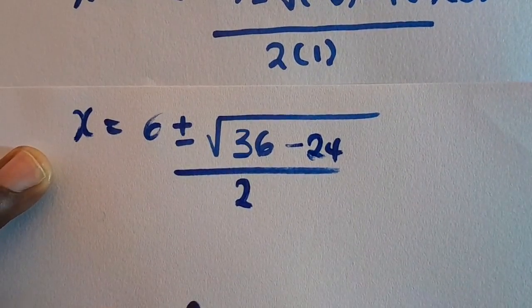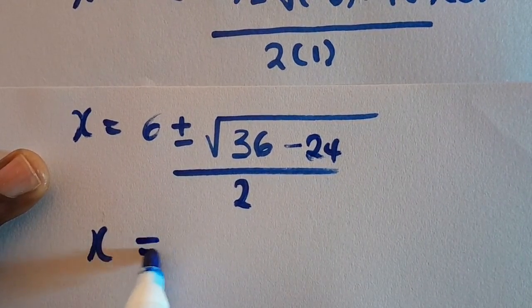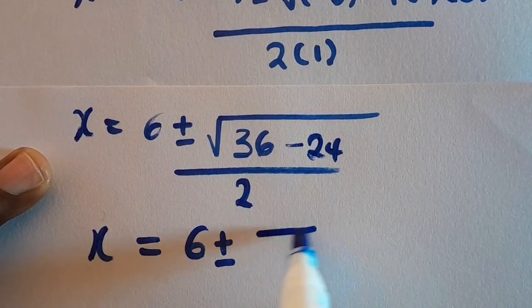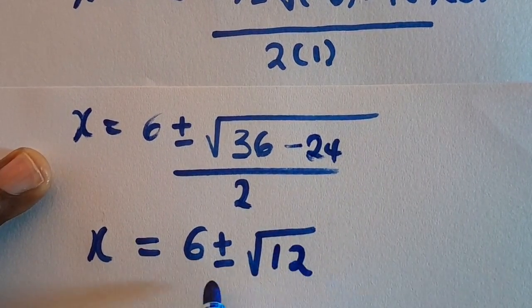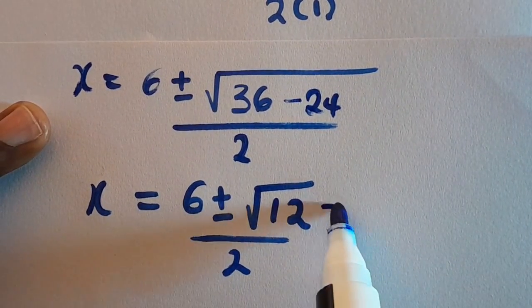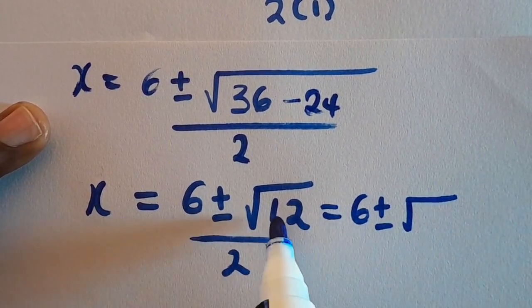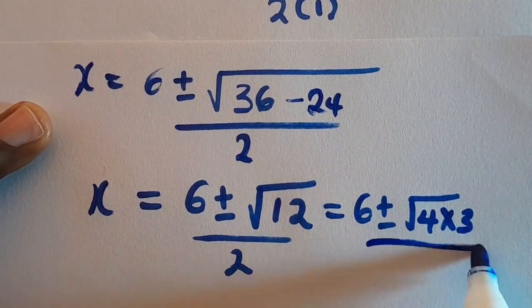So from here we have our x equals 6, positive or negative, square root of 36 minus 24, which gives us 12, divided by 2. And we can easily have this as 6, positive or negative, we can have 12 as 4 times 3, divided by 2.